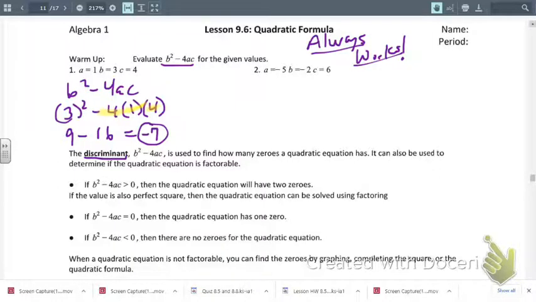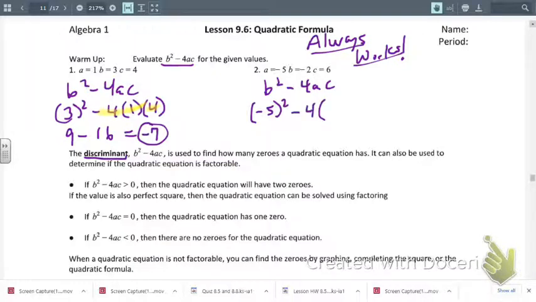For the second one, same thing, substitute in, and make sure when we substitute a negative in, you're always using parentheses. So I'm going to put negative 5 in parentheses and then square it. If you don't use those parentheses, you're not going to get the right answer.